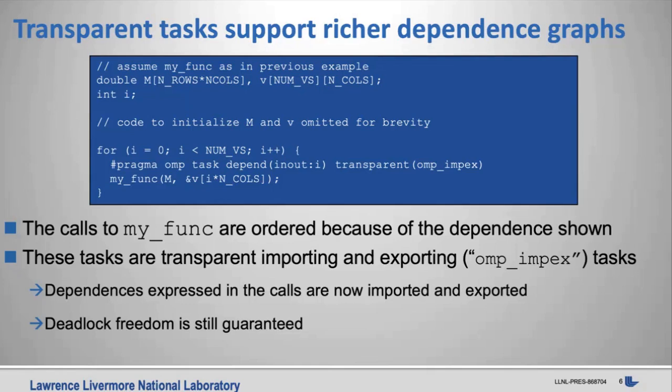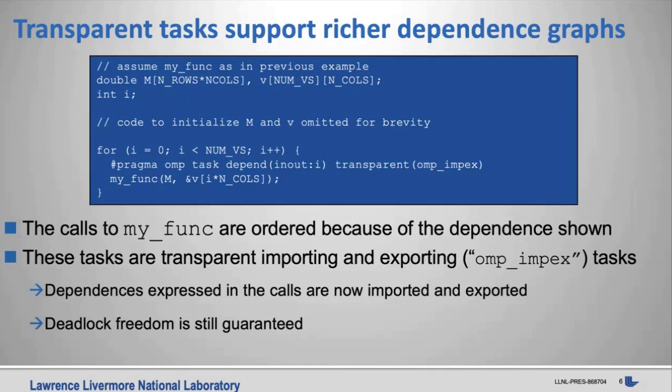In this case, you can then use this concept recursively so that you can actually build a very rich dependence graph, basically all the way to the root of the first task that you're executing. All right. And so in this way, you can actually get the dependencies to be honored across a very rich dependence graph. All right. And nonetheless, we still are able to guarantee deadlock freedom.